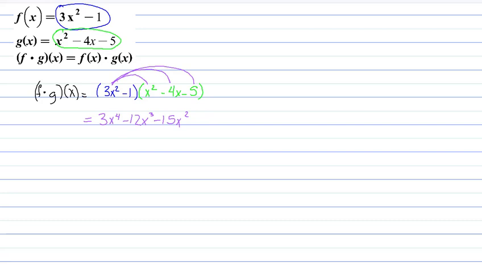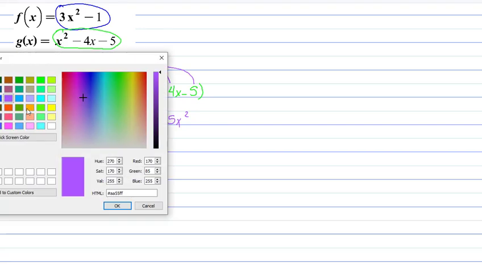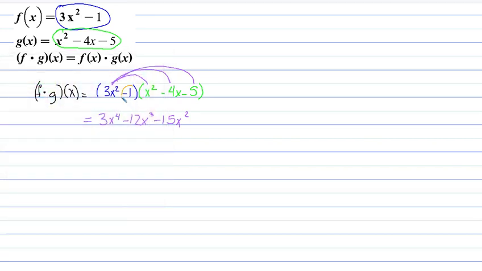And then I'm going to use my second set. So I'm going to take this negative 1 and distribute it through. So negative 1 times x squared gives me negative x squared. Negative 1 times negative 4x is going to give me a positive 4x. And negative 1 times negative 5 gives me a positive 5. And then I need to combine like terms. Well, the only thing that I have in common is these x squareds. And so everything else just gets copied down as is.